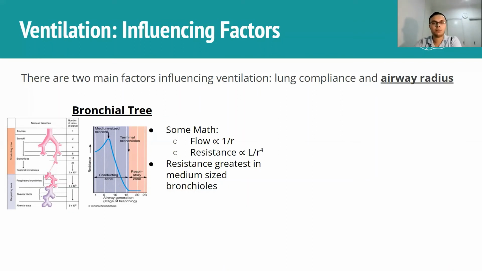And again, just a couple of things to keep in mind. These mathematical relationships can pop up a little bit during exams, but just keep those two relationships in mind. Another small fact is that the resistance of your bronchioles is greatest in the medium-sized ones, which I think you can see right about there.